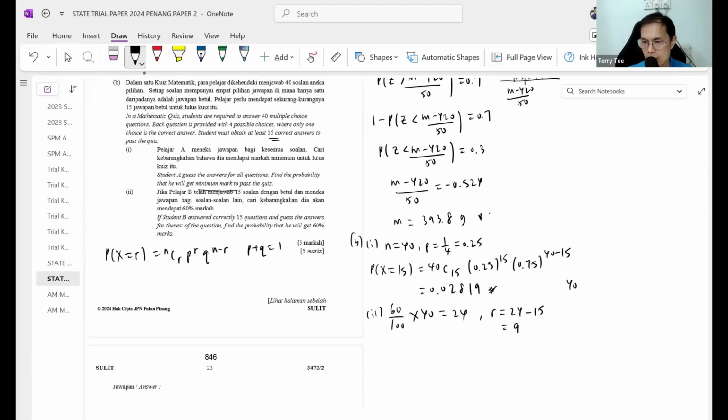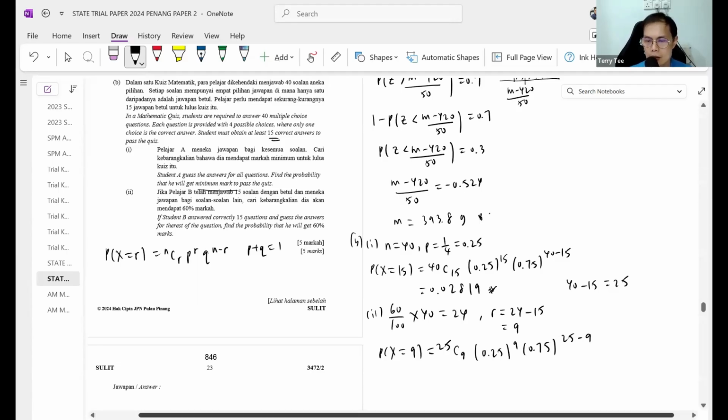If you take 40 minus 15, you're left with 25. So of the remaining 25 questions, he needs to get 9 correct. What is the probability that he gets 9 correct from the remaining 25? So it's 25 C 9. Your p is still the same, 0.25 power 9. Your q is 0.75, power 25 minus 9.